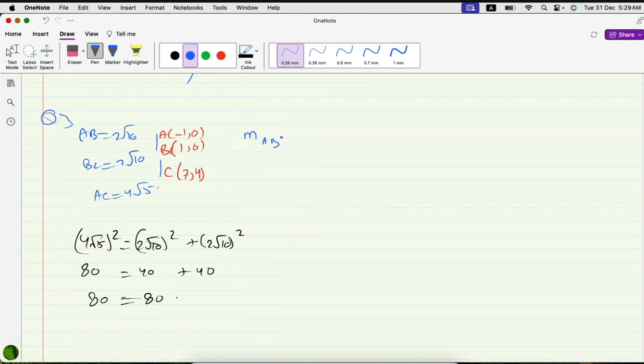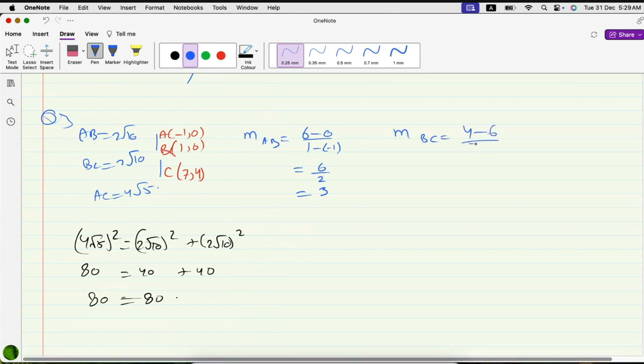Gradient of AB is y2 minus y1 over x2 minus x1, 6 over 2, which is 3. And gradient of BC is y2 minus y1 over x2 minus x1, minus 2 by 6, which is minus 1 by 3.